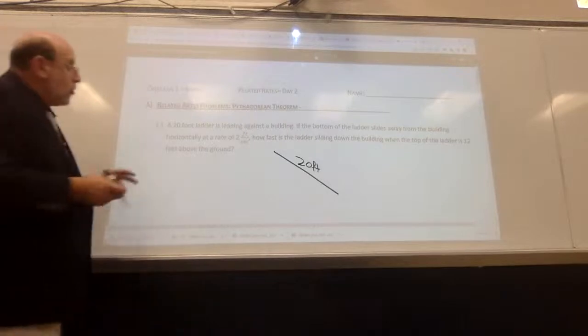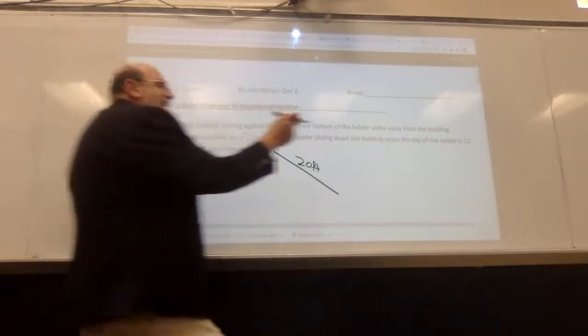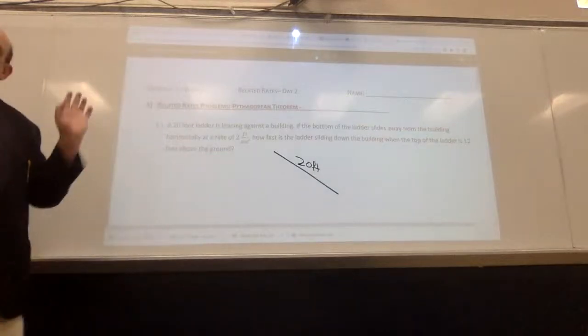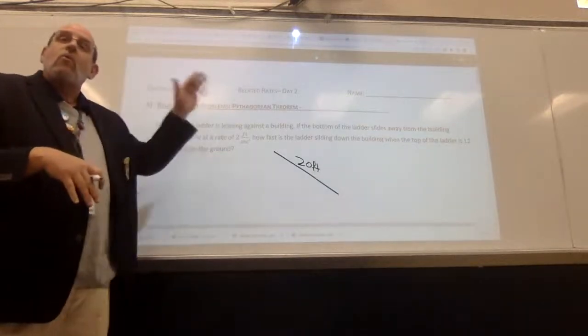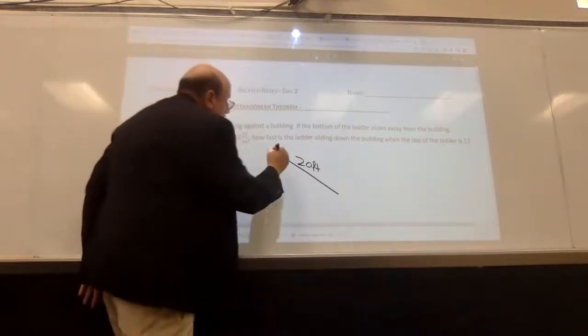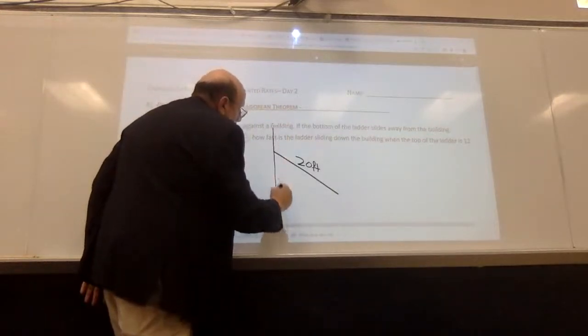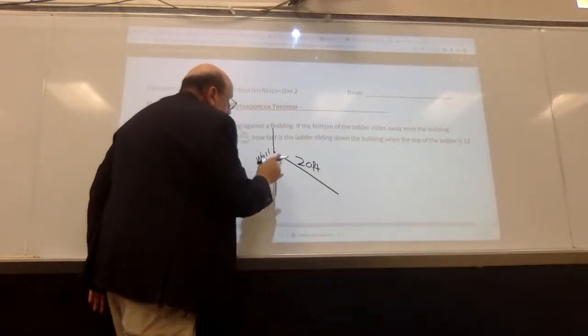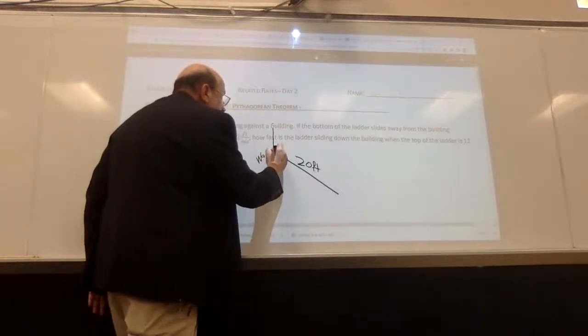We know now that we're taking a snapshot in time. We're not watching the whole thing fall. We're not watching the whole progression of the ladder sliding down this wall, right? Because this is the wall. And this is where it's 12 feet off the ground. This is 12 feet up here.